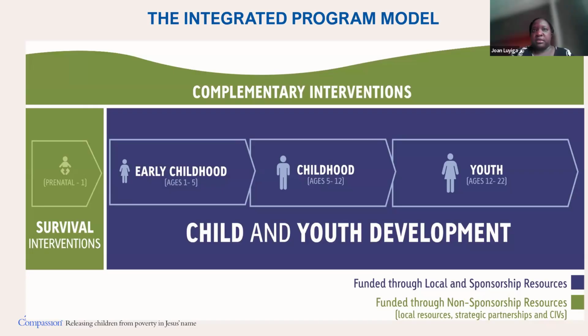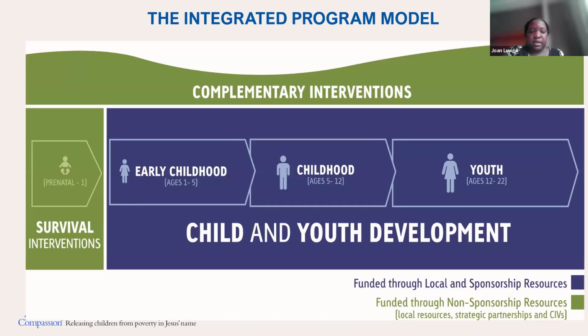We don't have a set standard and say that at 3, you must transition them to sponsorship center-based, because children are different. We gauge how ready they are. When we feel they are ready and they can be on their own at the project with minimal support, then we speak to the parents and we transition them.